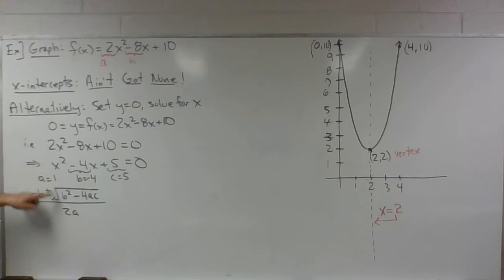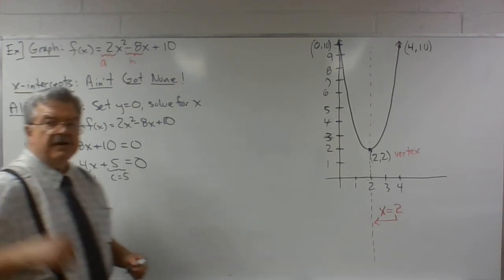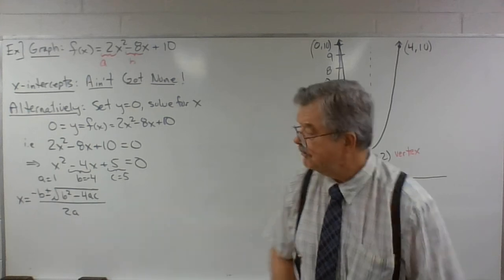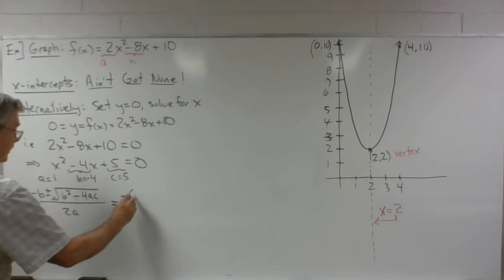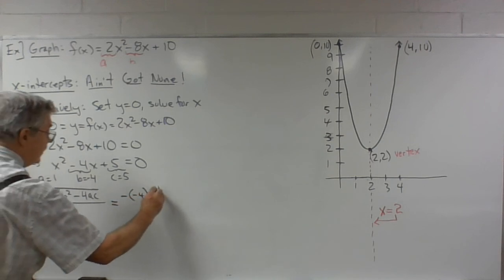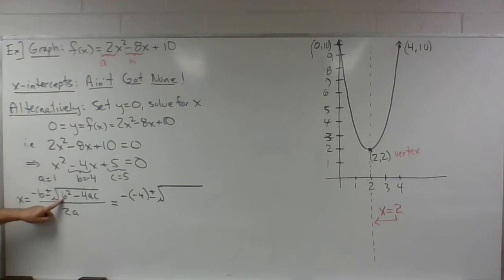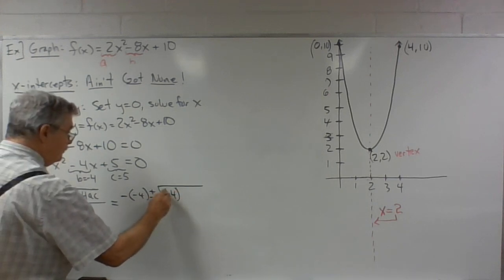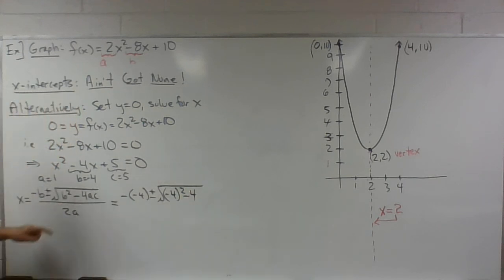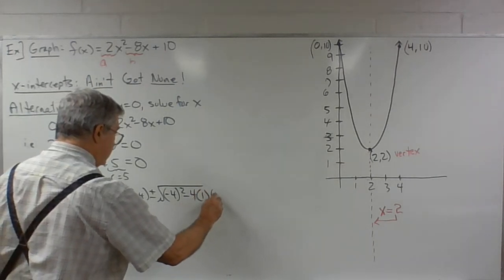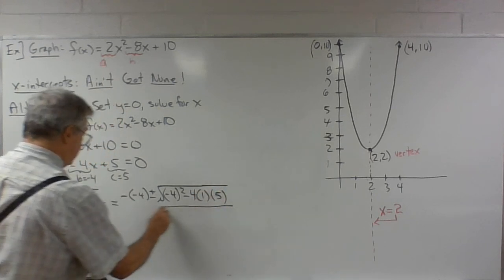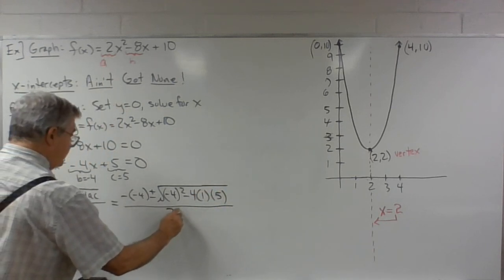And I just plug this in for a and plug that in for b and plug that in for c and turn the crank and out pops the answer. -b, so I'll have 4 plus or minus b squared, so that's -4 squared minus 4 times a times c. a is 1, c is 5. Over 2 times a.